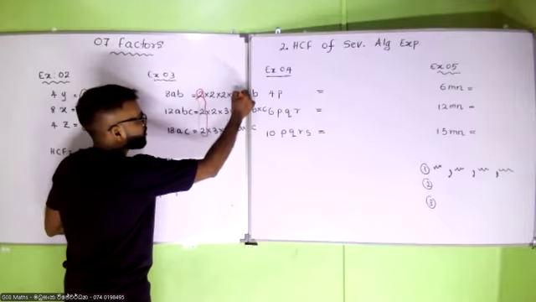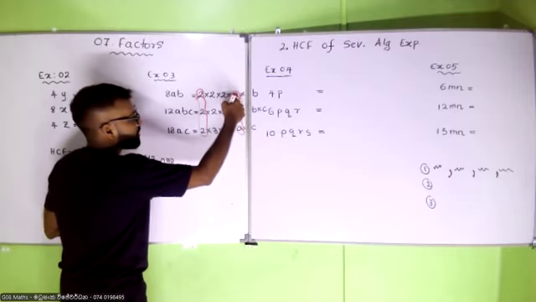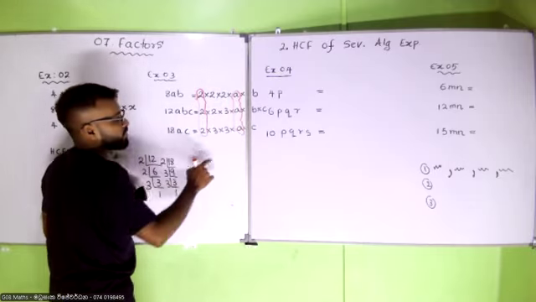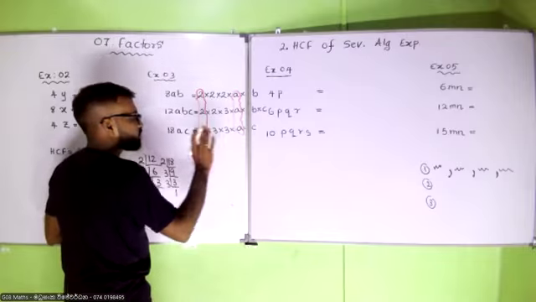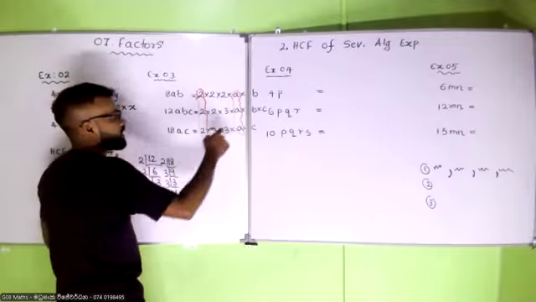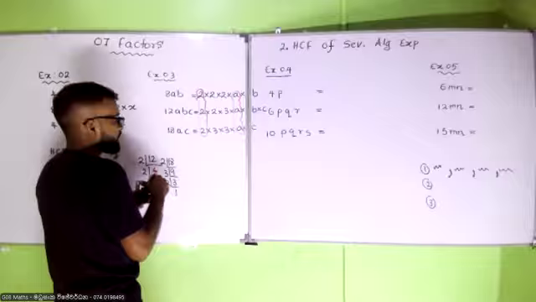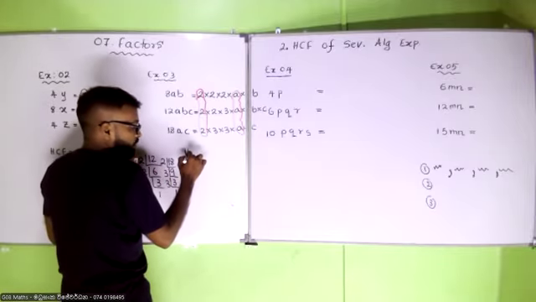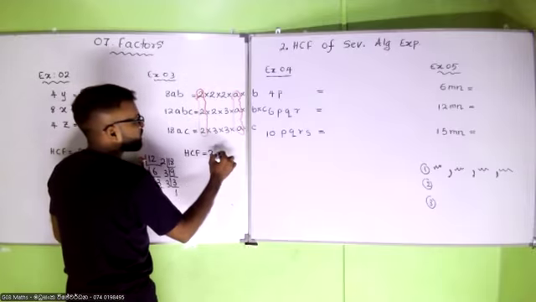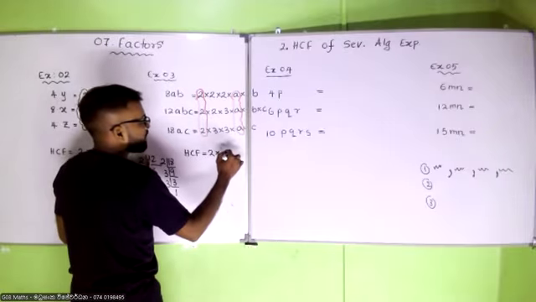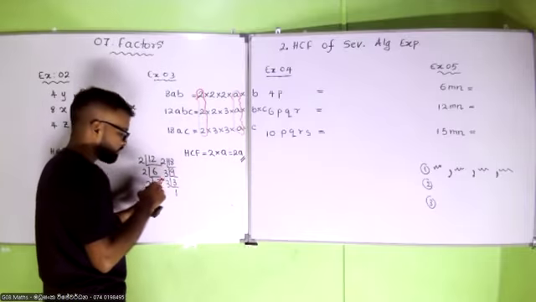A is common for all of the 3 rows. B is not common. And C is only in these two places. You cannot find C in the first row. So the highest common factor is 2 multiplied by A. That means 2A. Your answer should be 2A.